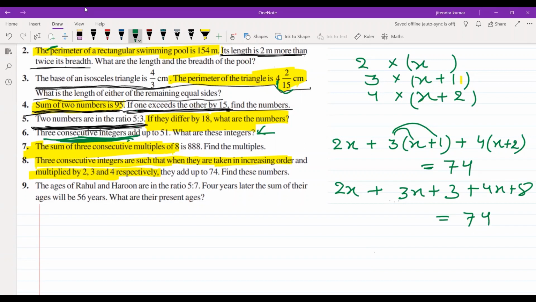How much is the answer? Wait. If we add, we will have 2x plus 3x plus 4x, that is 9x.